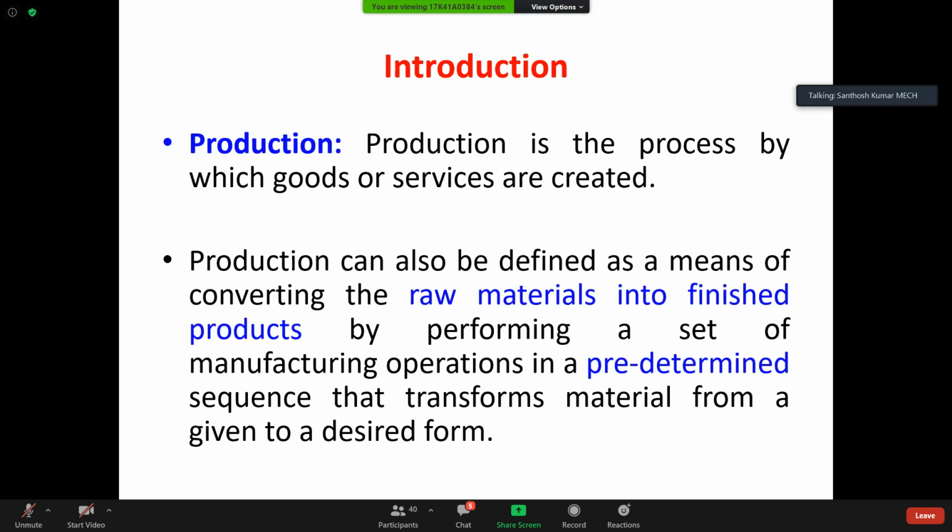The remaining 4 units will be half theory and half problems. These problems are very simple, and you have to practice thoroughly, because surely you will get 4 to 5 marks from this subject. In other subjects like thermal, TD, heat transfer, RAC, you have to study 4 to 5 topics, but I'm telling you this is compulsory. You'll surely get 4 to 6 marks. So problems are very, very important.